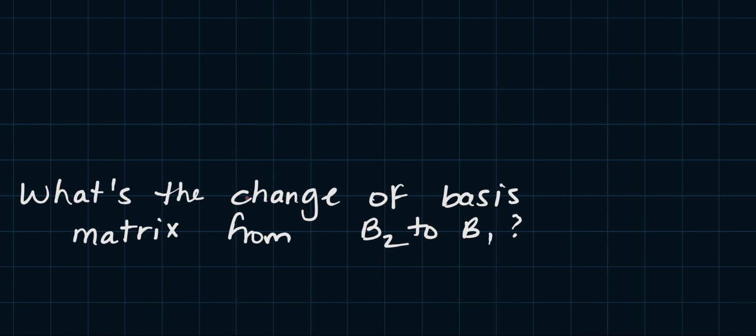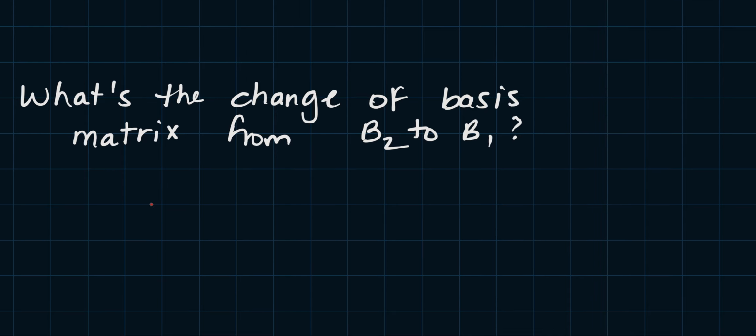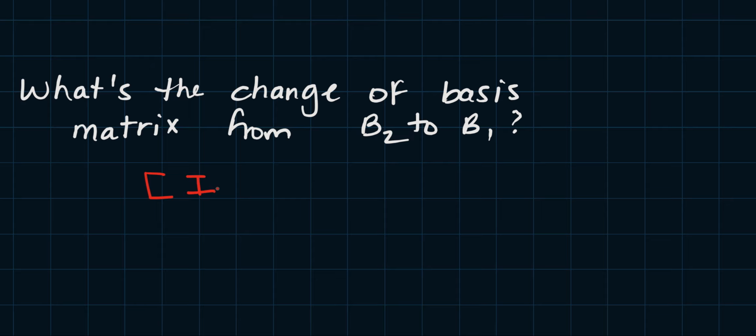What's the next question? What's the change of basis matrix from B2 to B1? So what is it asking me to find? I want this matrix that goes from, now which way is it?